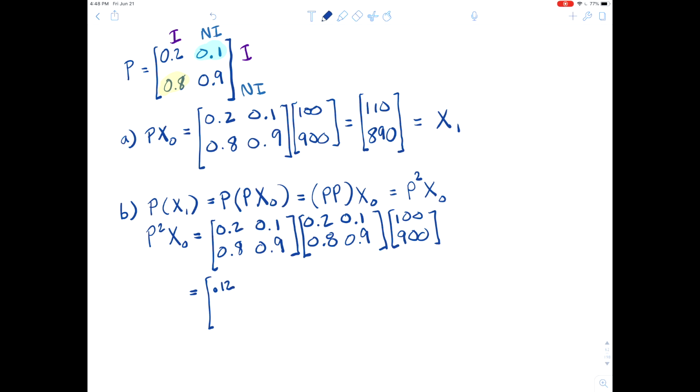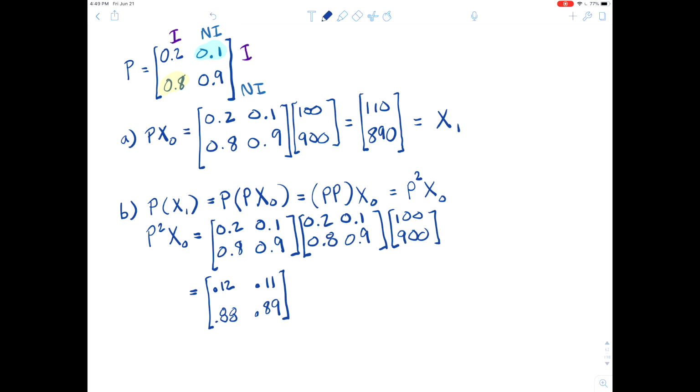And then the next entry is going to be 0.02 plus 0.09, 0.11, and then 0.16 plus 0.72 is going to be 0.88, and let's see, 0.08 plus 0.81 is going to be point what? 89.